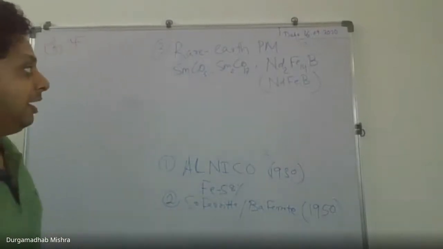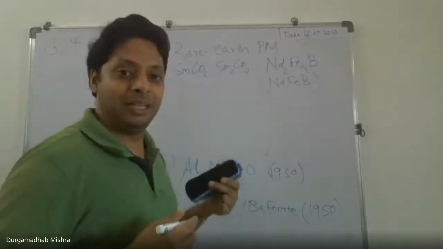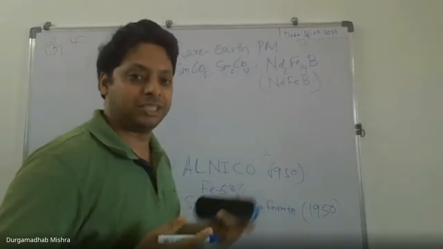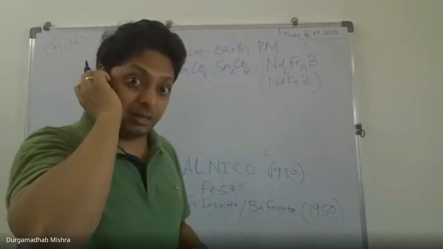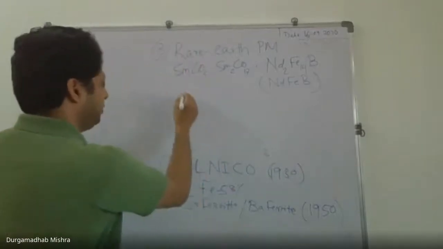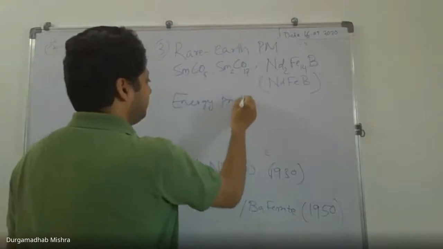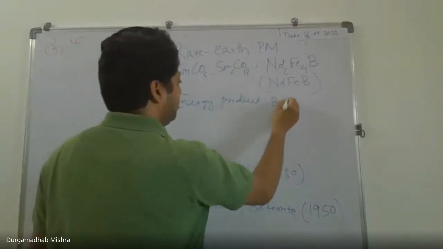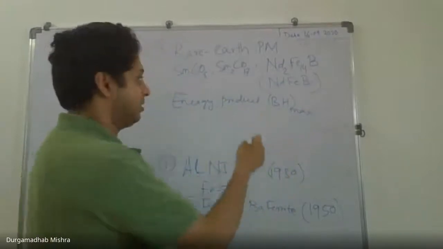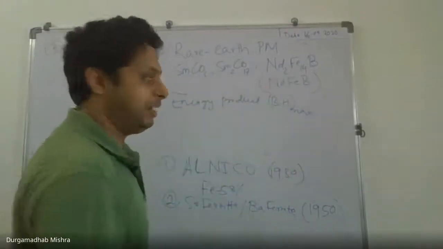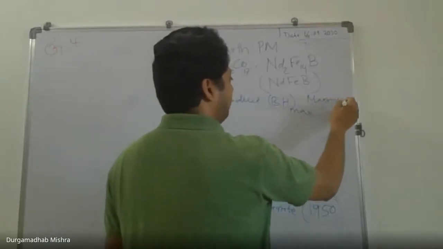That is how research in materials actually led to the discovery or synthesis of new materials, which led to better energy product, BH max, which increases, and for NdFeB, that is the maximum so far.